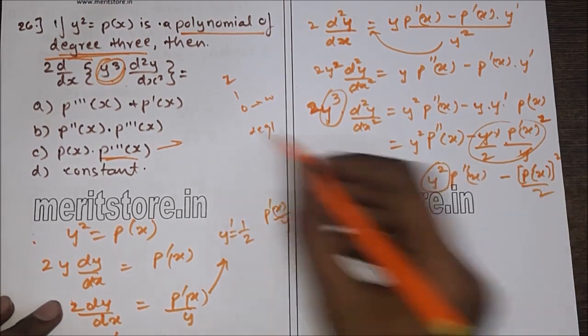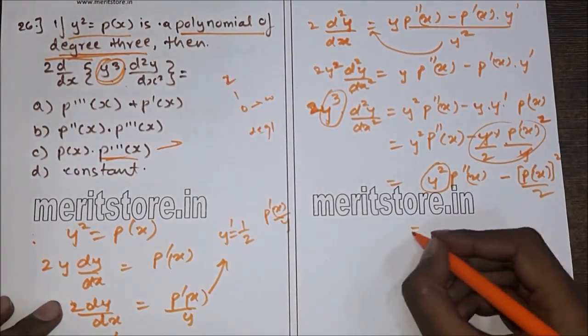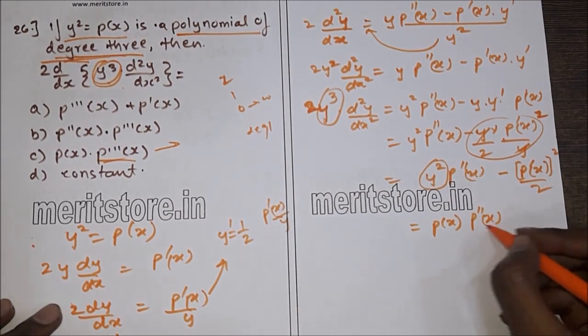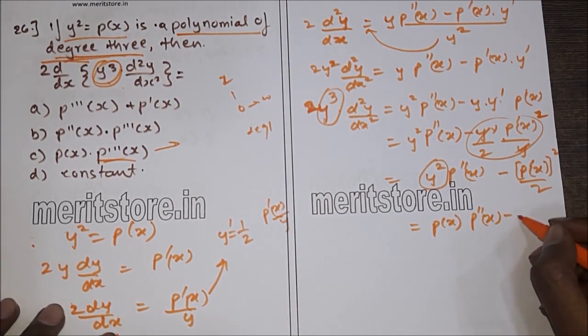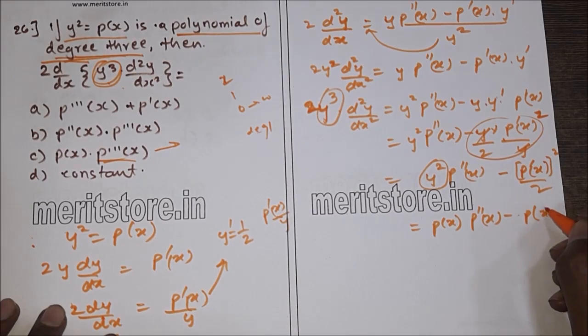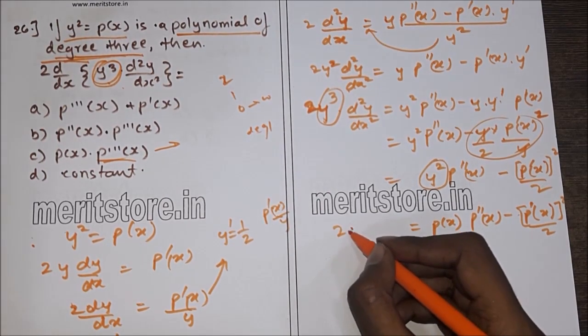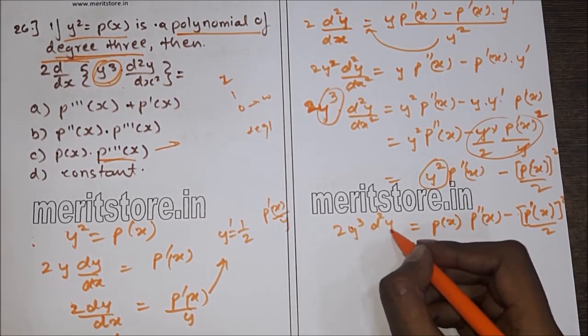Now y square is p of x, so we get p of x into p double dash of x minus p of x, p dash of x the whole square by 2. This is 2 times y cube into d2y by dx square.